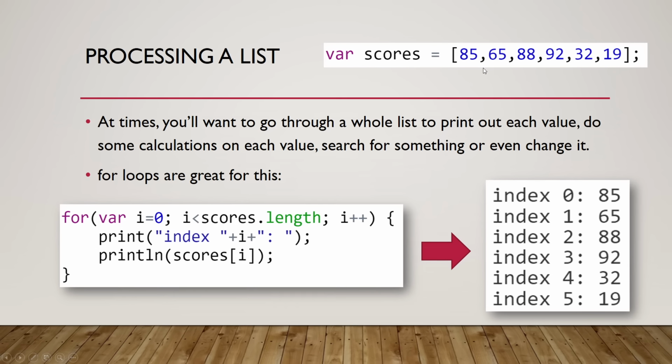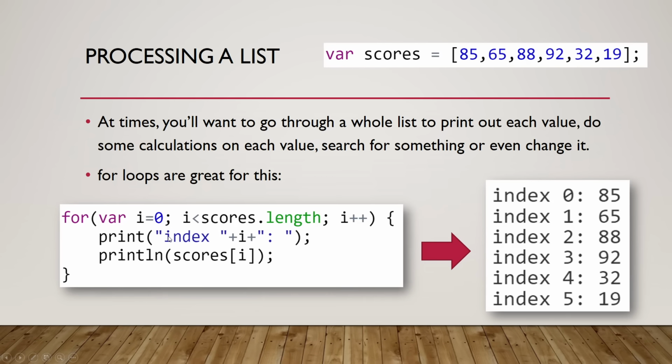We want that index to be saved as a variable, which makes things easier. We make sure that the condition is as long as i is less than scores.length, we can continue, because if it gets bigger, it's going to be outside our list. Each loop we're going to add 1 to i, so it starts at 0 and increases by 1 each time. And we use that index to print out the value. So we look up scores using the square brackets and the index here.